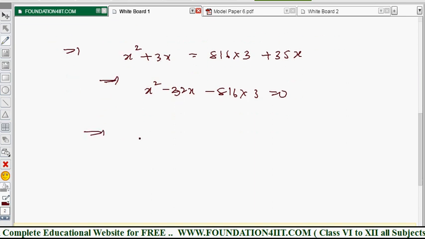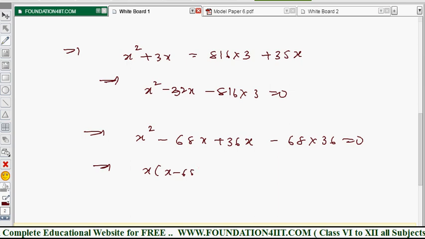Then factorize the middle term, so x square minus 32x minus 816 into 3; if you multiply, you can write 68x plus 36x, minus 68 into 36 is equal to 0, because 816 into 3 is nothing but 68 into 36. By factorization, take x common, x minus 68, plus 36 common, x minus 68.